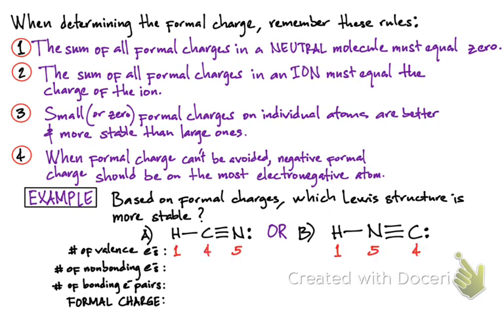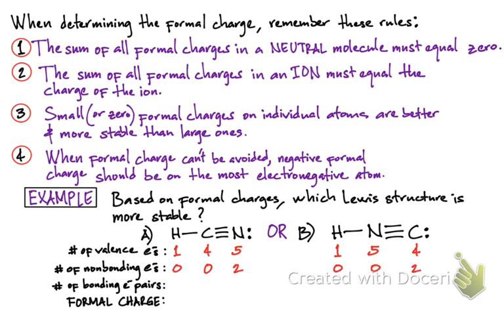Then for the number of non-bonding electrons, looking at the first one here, HCN, hydrogen has 0 non-bonding electrons, carbon has 0, nitrogen has 2. On the right-hand side, that hydrogen also has 0, that nitrogen has 0, and the carbon has 2.